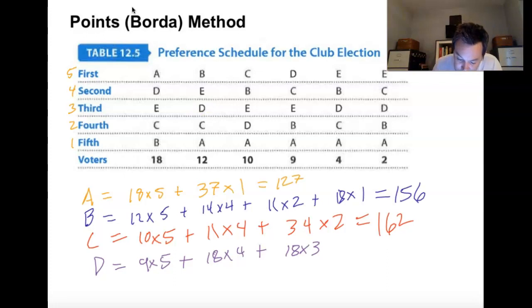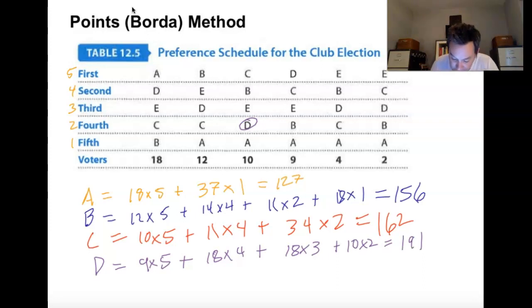And then 4th place, candidate D has 10 plus 10 times 2. And no 5th place votes. So candidate D gets 9 times 5 plus 18 times 4 plus 18 times 3 plus 10 times 2, 191.